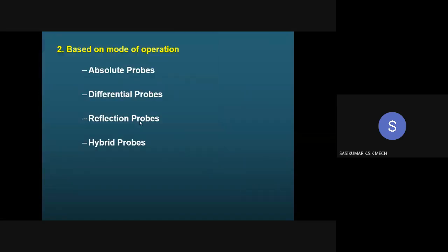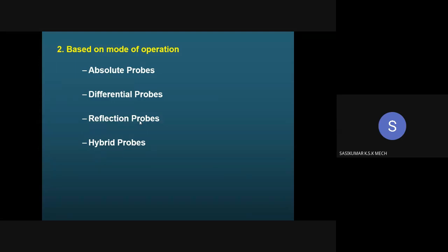The differential probe tells you the amount of difference between the magnetic field induced and the magnetic field generated. Certain probes observe the reflection of your magnetic field, and you may have hybrid cases also. Absolute and differential probes can be hybridized to have a better understanding.